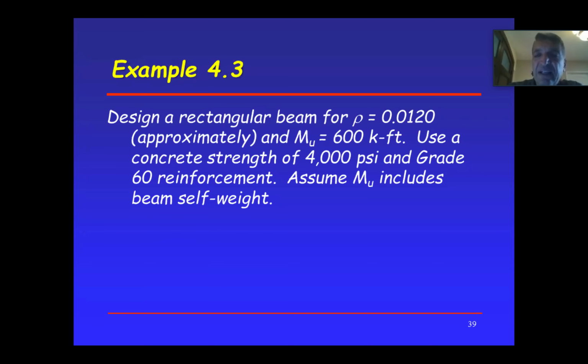And Mu is 600 kip-feet. Notice that in the previous example, he gave me dead load and live load, and we calculated Mu. But here he gave me Mu. Doesn't matter. He's also given me f'c 4,000 and fy 60,000. Assume Mu includes beam self-weight, so we don't have to worry about the weight of the beam. He's saying it's already been accounted for in Mu.